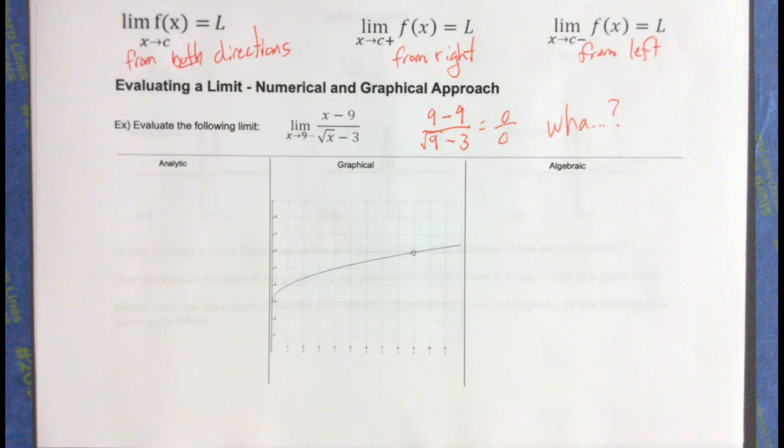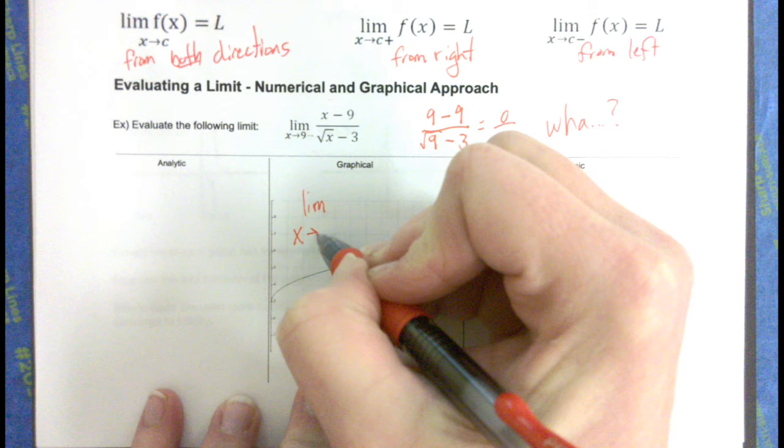But the limit as x gets closer and closer to 9 from the left, if I were to plug in the number 8.99999, then my table of values would end up being 5.99999, right? And I can see that just from the graph.